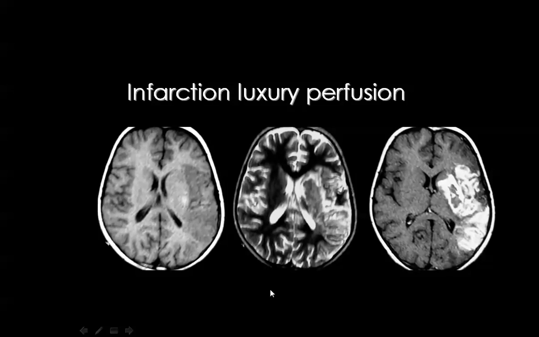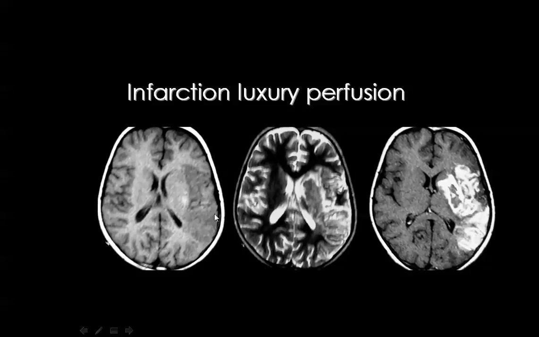Then if you inject the patient who is suspected to have an infarction with contrast media, the infarction leads to disturbance of the blood-brain barrier, and there will be an enhancement which is known as luxury perfusion or gyral pattern of enhancement. Look at this example. This is a T1 weighted image, and this is T2, and this is T1 post contrast.